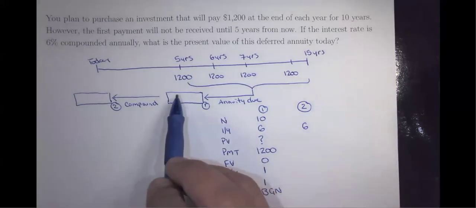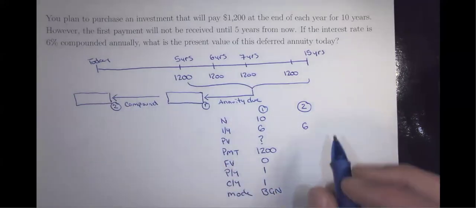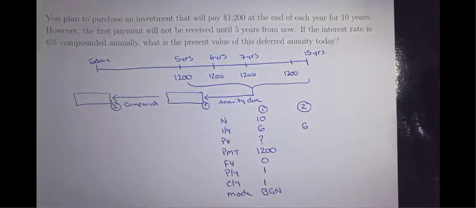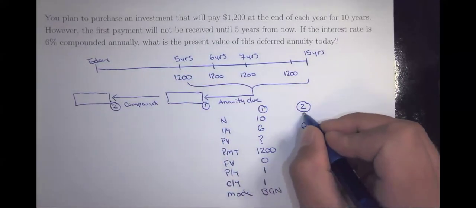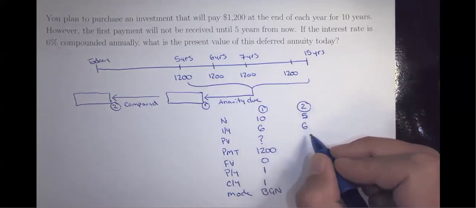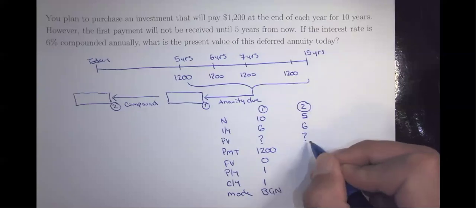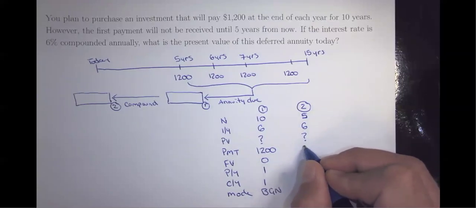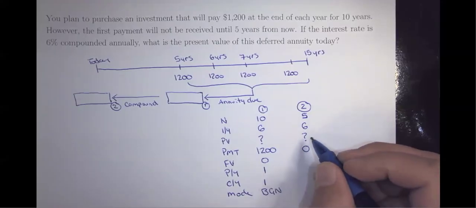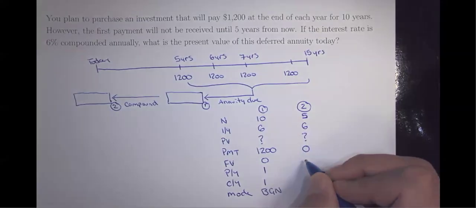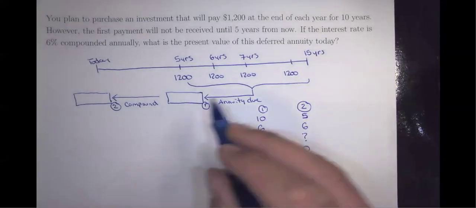Now for my second calculation, this compound part, I'm going 5 years, 1 compound per year, so a total of 5 compounds. My present value is unknown. My payments are 0 because I'm not making any periodic payments during that time. My future value is this amount here.